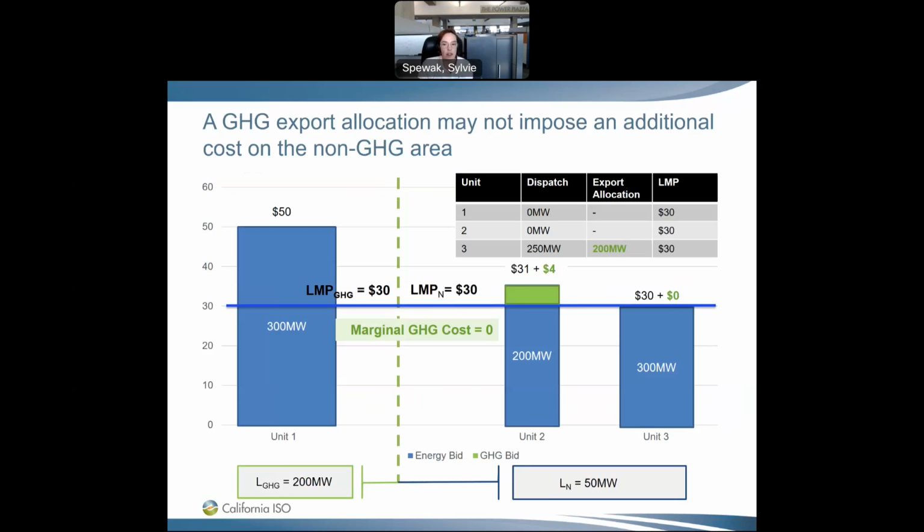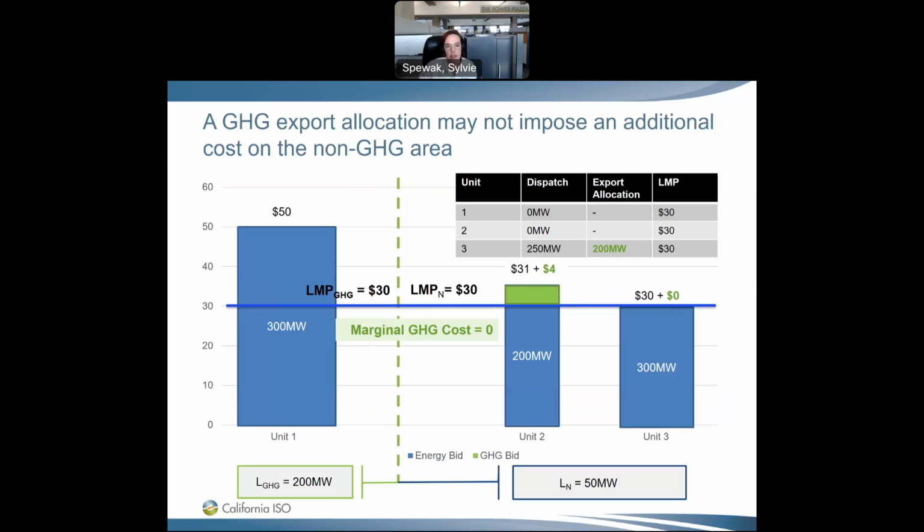The least cost resource for both areas, for load in both areas, is going to be Unit 3 at $30 per megawatt hour. And this brings me to the second thing that I really like about this example, which is even though we do have an export allocation, we're going to be exporting 200 megawatts of Unit 3 from the non-GHG to the GHG area.